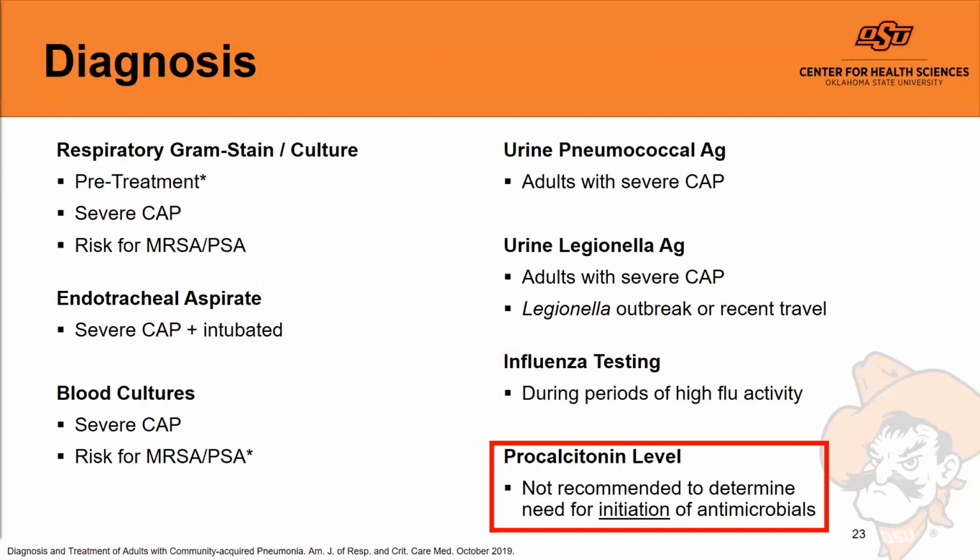This is still being researched, but procalcitonin's role is more suited to serving as a potential method for stewardship purposes and de-escalation in terms of one, helping to determine a patient's clinical improvement, and then perhaps number two, how long you'd like to continue antibiotic therapy, meaning would it provide a means to determine a shorter duration of treatment. So this is done less with a single level of procalcitonin and more with serial levels that show a trend.